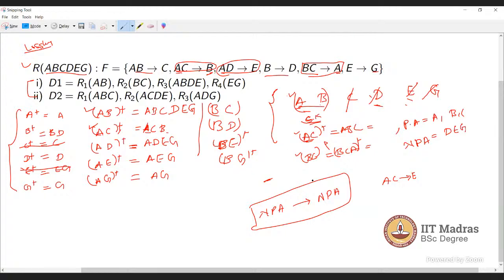Here E is a non-prime attribute that I know, but for AC I don't know whether I can call it a non-prime attribute, because there are two attributes here. Can we say A and C are prime attributes here in this question? No, sir, not for this one. I am talking about some other relation. It's a candidate key, that's okay, but let's say it was not a candidate key, can we say this is an attribute?